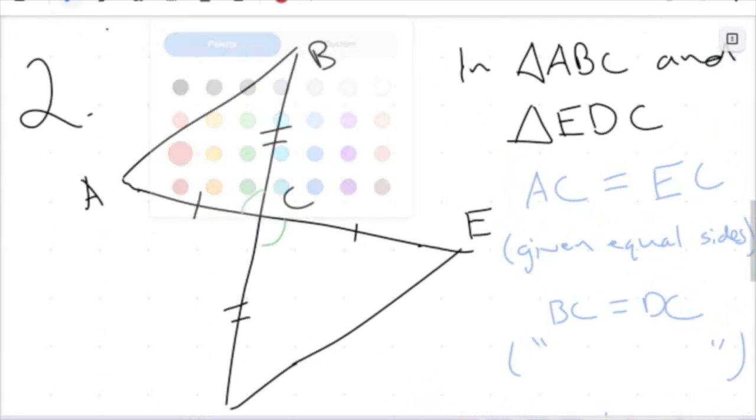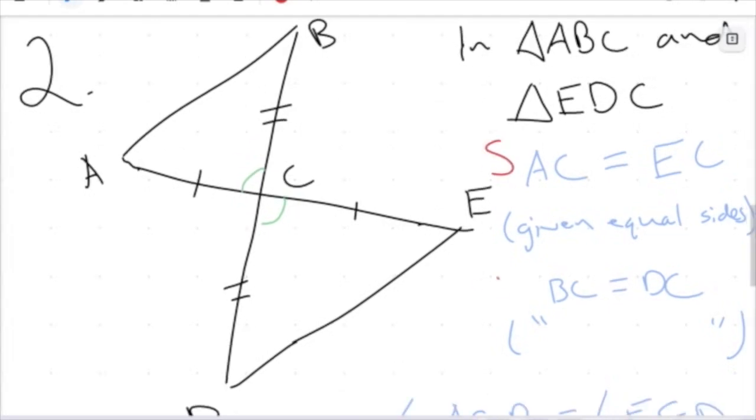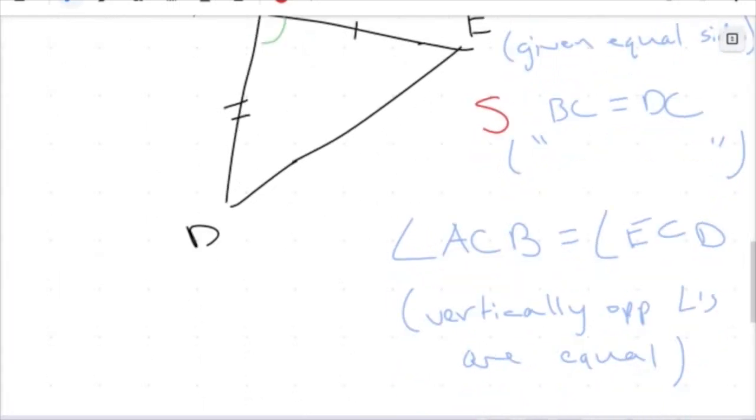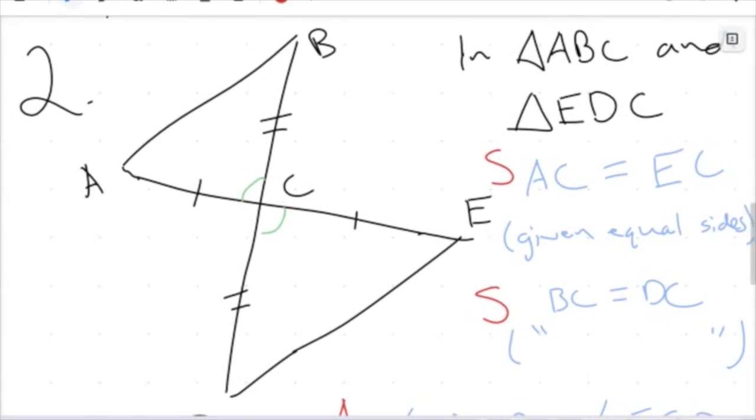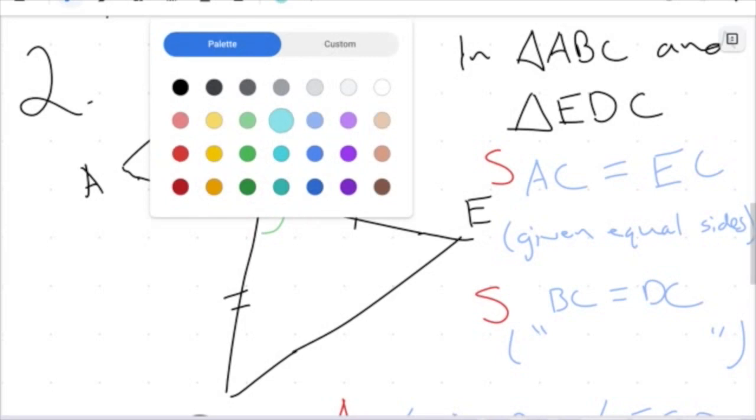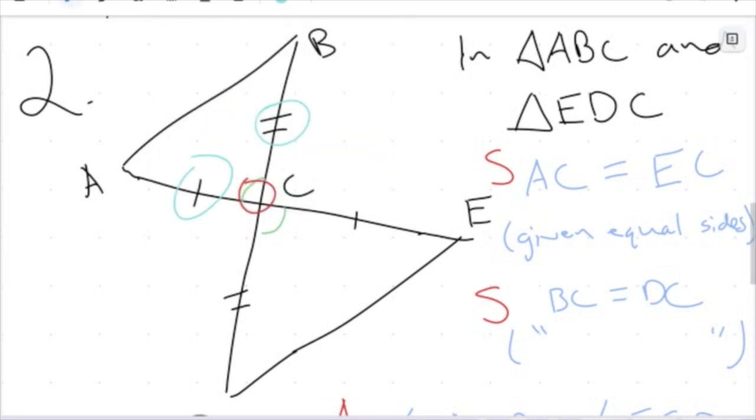I want to see what aspects of triangles all these proofs had to do with. This first one had to do with sides. This second one had to do with sides. And this last one had to do with an angle, the one in between my two equal sides. So this is the included angle.